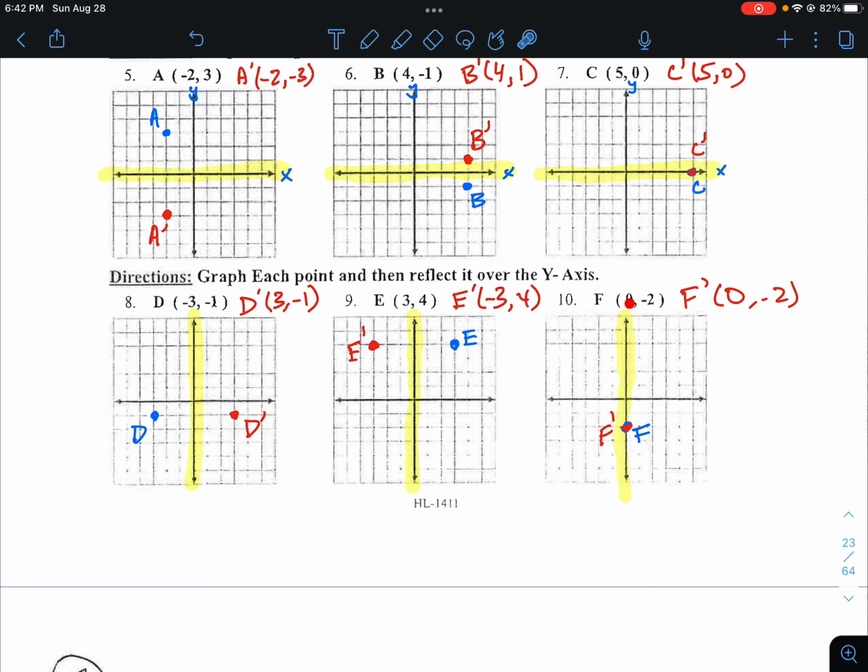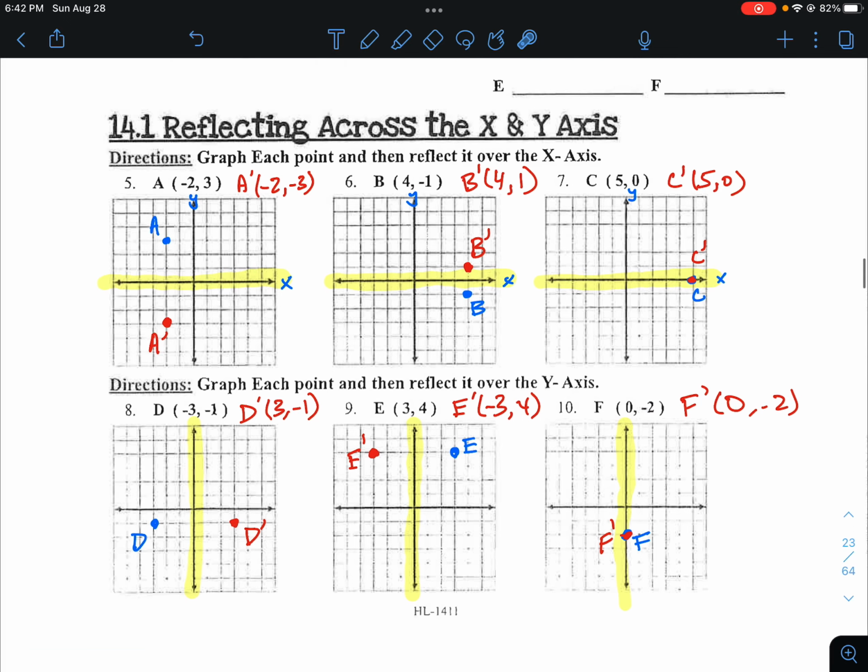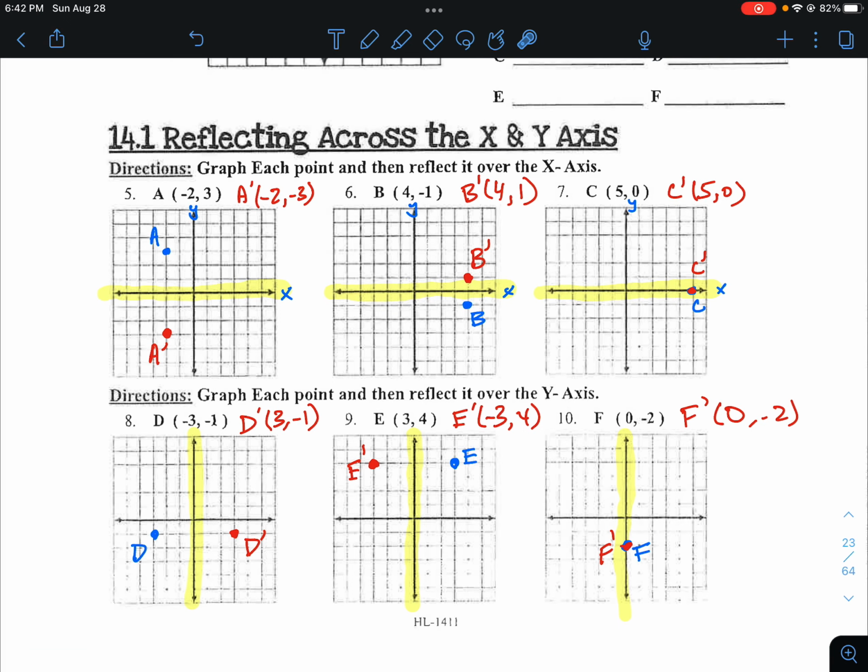And then F, 0, I guess there's no such thing as negative 0, but the second number stays the same. And if you look at when you reflect off the x-axis, it's the opposite. So negative 2 stays negative 2, but the second number, the y number, flips its sign from 3 to negative 3. 4, the first number stays the same, but the second number flips, goes from negative 1 to positive 1. And the third one, same thing. So that is how you reflect points off the x and y axis.